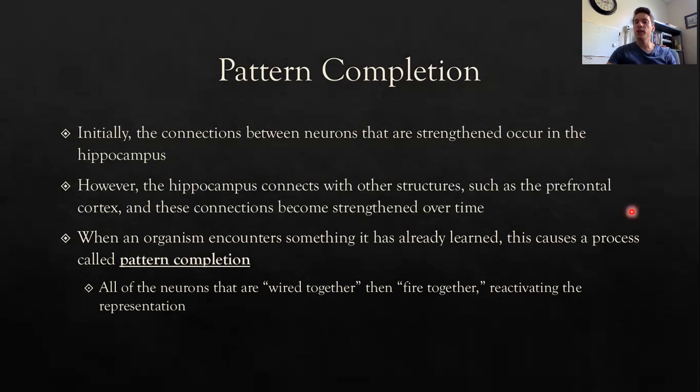So some cue in the environment causes a specific neuron, this could be a neuron in the prefrontal cortex, to activate. So that neuron releases an action potential. And the action potential is a way by which a neuron sends off some chemical message. This is going to cause other neurons that it has a strengthened connection with to also fire. And this is the process referred to as pattern completion.